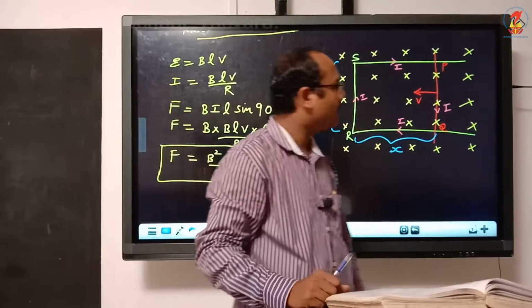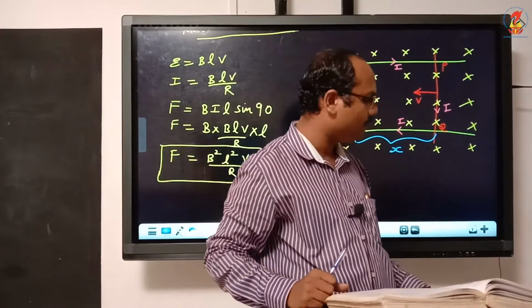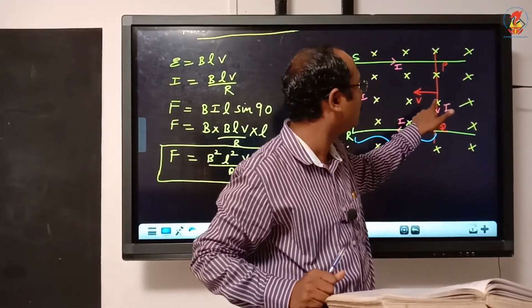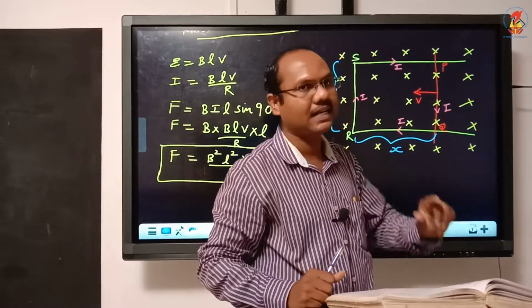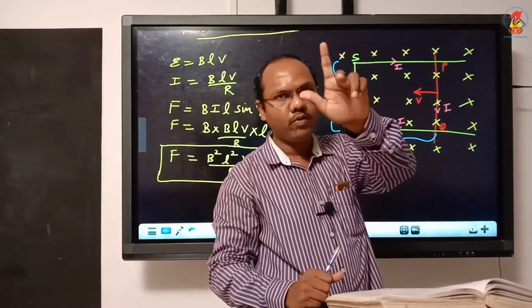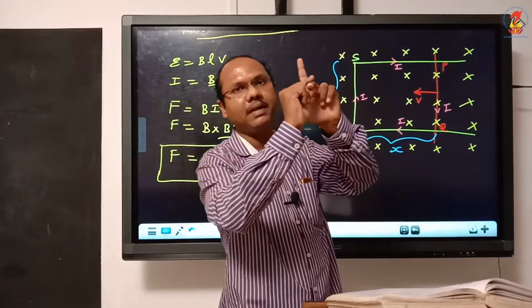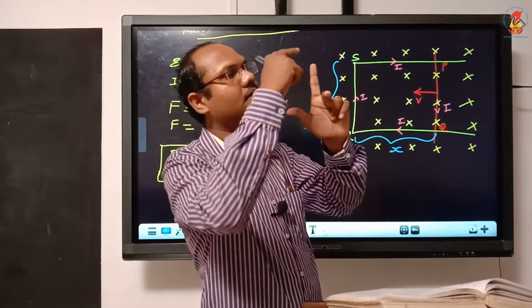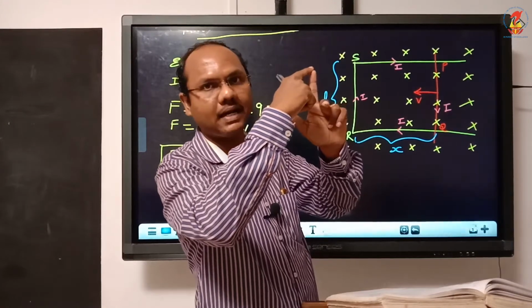Now, when I use Fleming's left hand rule, the direction of this force will be towards right. Look at my left hand. Middle finger will show the current. Forefinger will show the magnetic field.